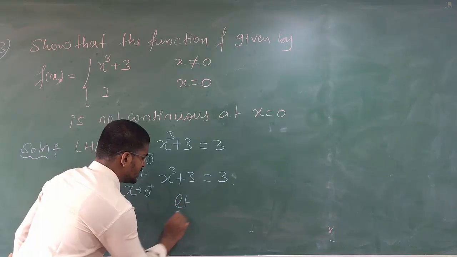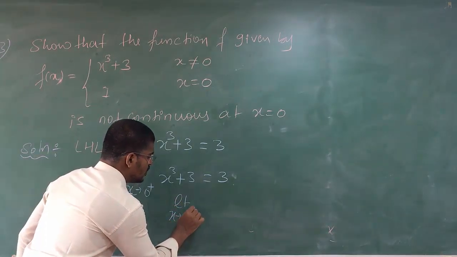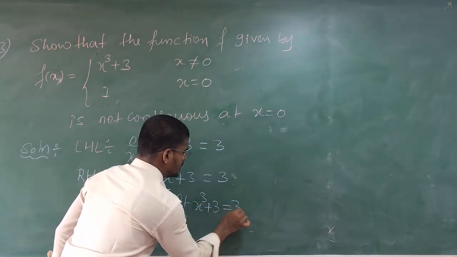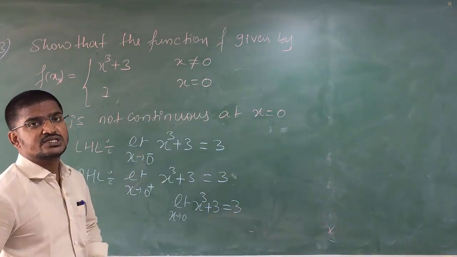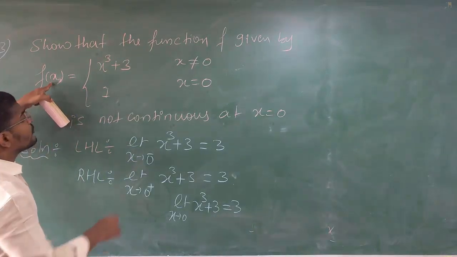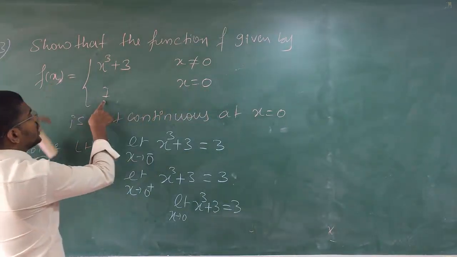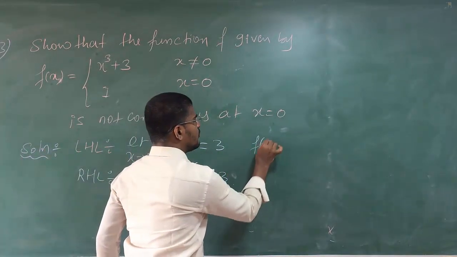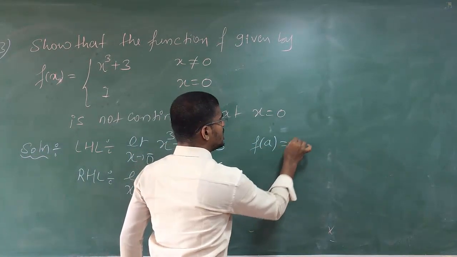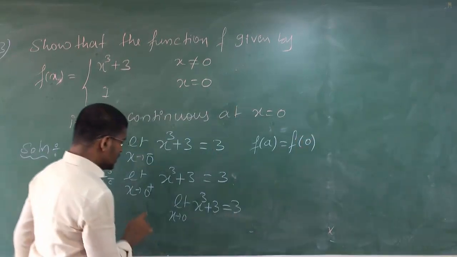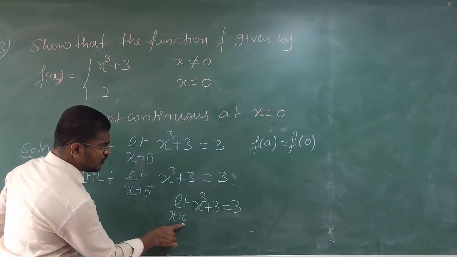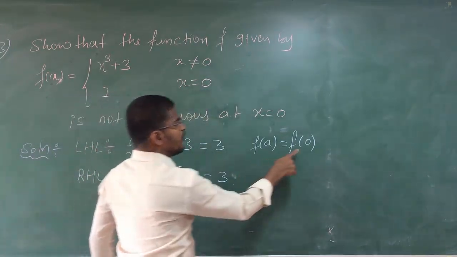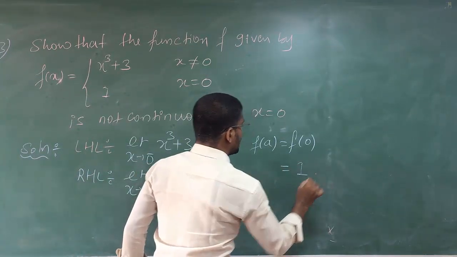That means the limit as x tends to 0 of x cube plus 3 is equal to 3. The limit exists. But see here, f of x at x equal to 0 is 1. After existence of the limit, we have to check f of a. Here a value is 0 because you are calculating the limit at 0.